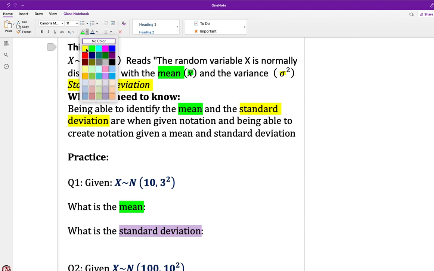At any time in this video, you can pause, or if I have a tendency to go too quick, you can go back. So the mean here, remember it's the first number, so the mean is 10. And the standard deviation in this case is the second number, which is 3.